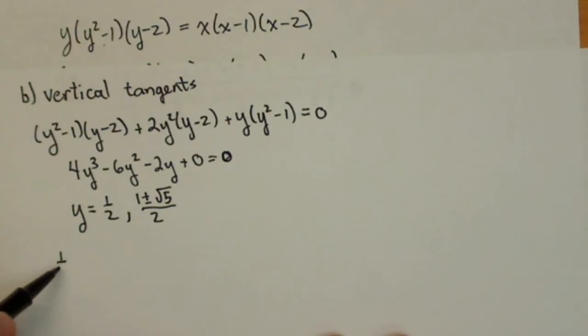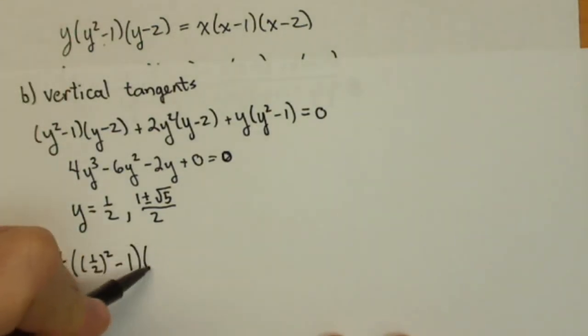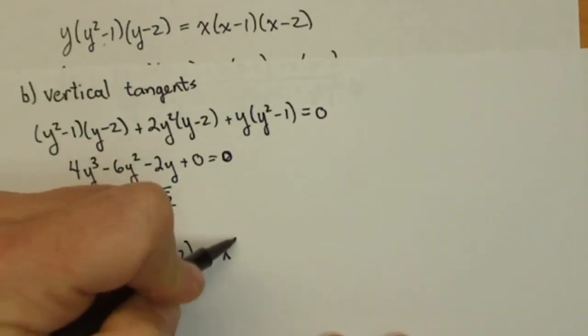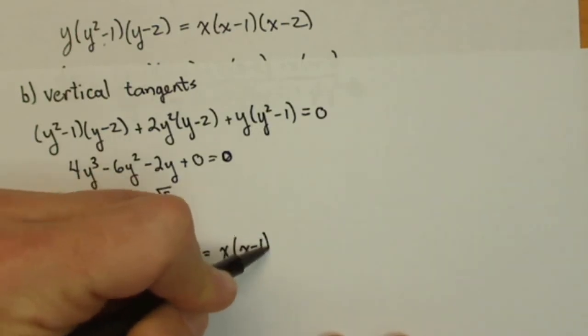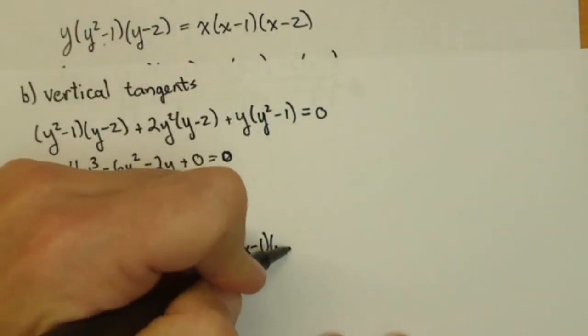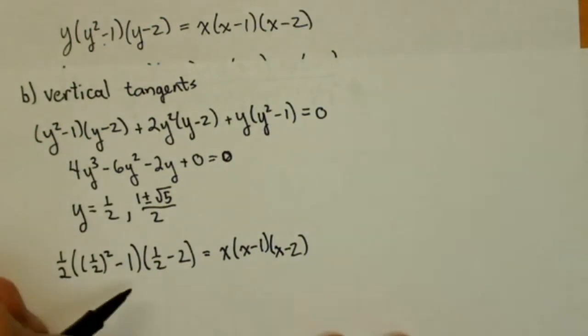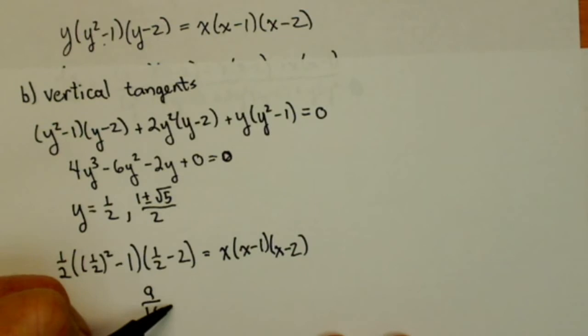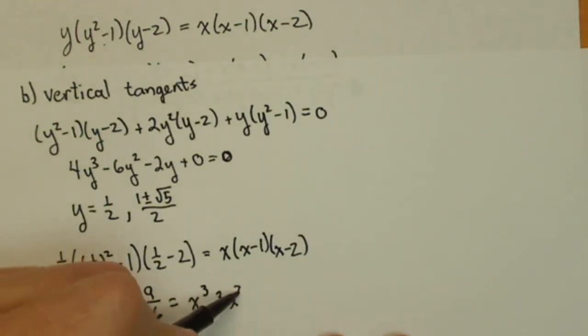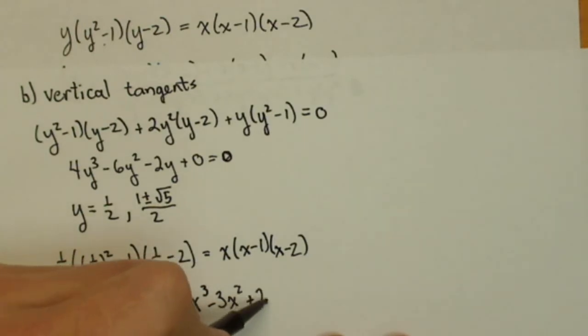So I'm going to end up with 1/2 times (1/2 squared minus 1) times (1/2 minus 2) equals what we have on the other side, x times (x minus 1) times (x minus 2). What that gives me is, on the left-hand side, that simplifies down to 9/16, and the right-hand side, x cubed minus 3x squared plus 2x.